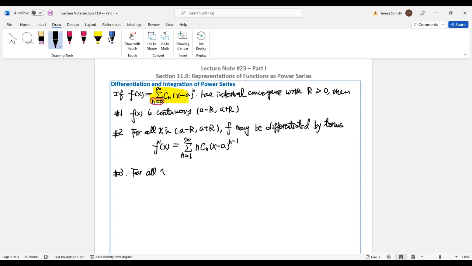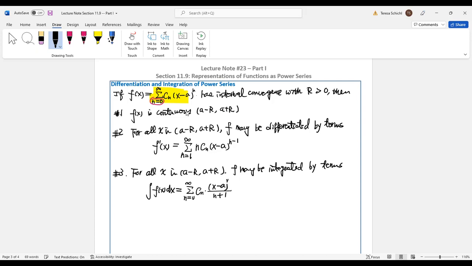For all x also in the interval from a minus R to a plus R, f may be integrated term by term. So if I want to integrate f of x dx, you can just integrate inside the function. The sum from n equals 0 to infinity of c_n times (x minus a) to the n plus 1, divided by n plus 1.